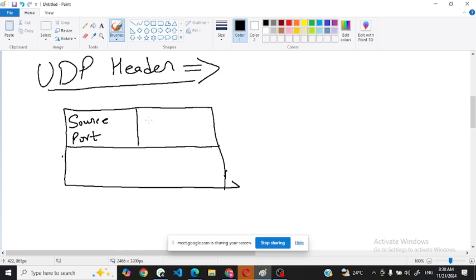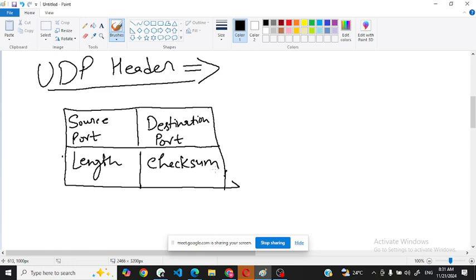Source and destination ports. These are the four fields. It is also 16-bit fields.